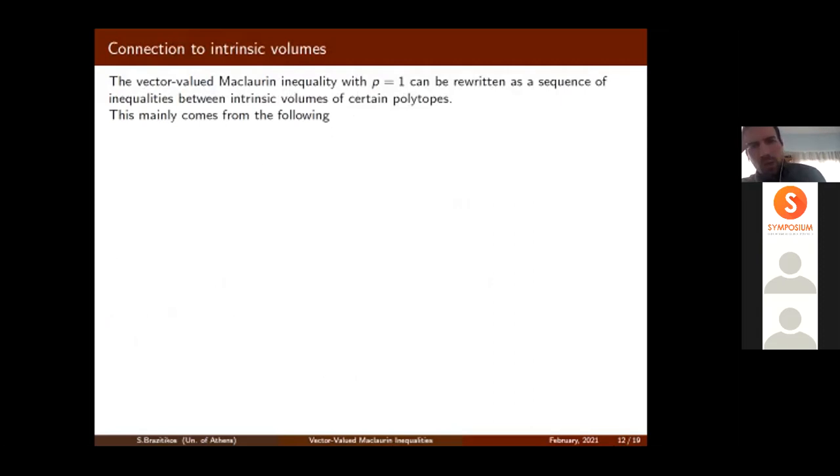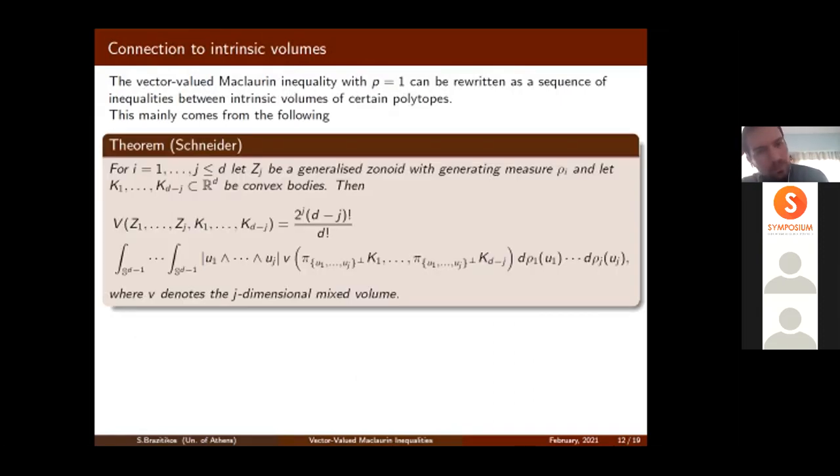The main theorem that we're going to use is this theorem of Schneider, which says that if we have j zonoids, and I will explain what a zonoid is next, with generating measures rho 1 up to rho j, and we have d minus j convex bodies, then there is a formula that computes exactly the mixed volume of having in the first j positions the zonoids and in the next d minus j positions the convex bodies.